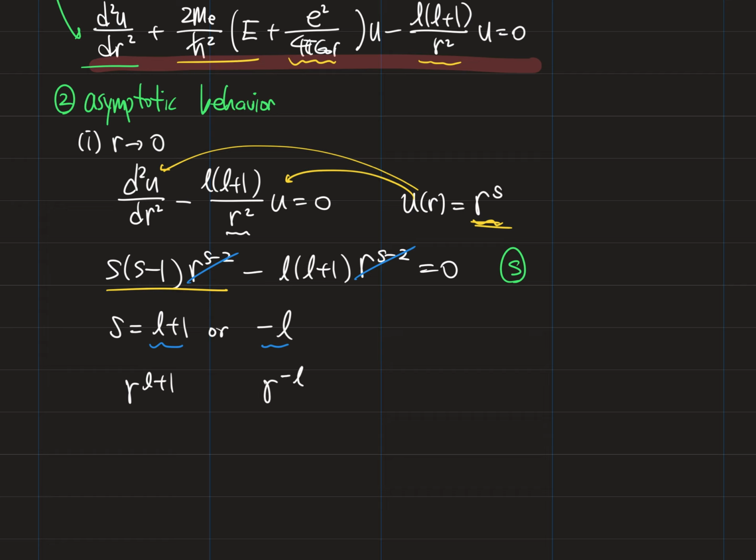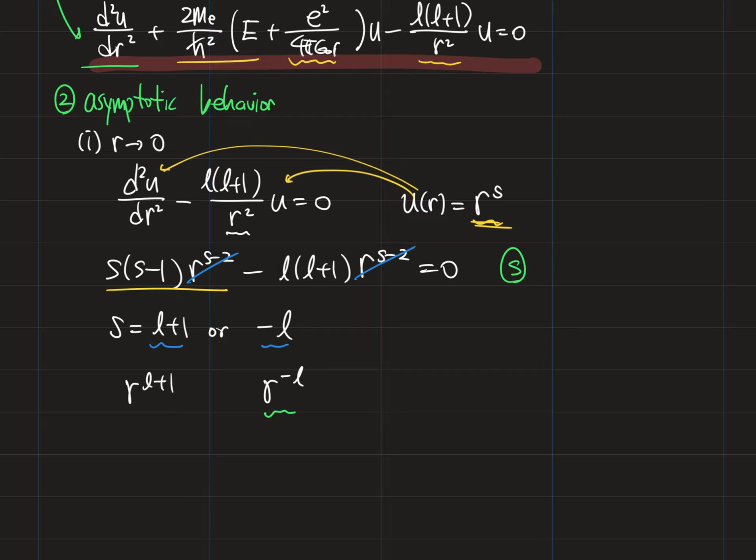And one of them is not physically sensible. Can you name which one is inappropriate to describe the hydrogen atom? It should be r to the minus l, right?